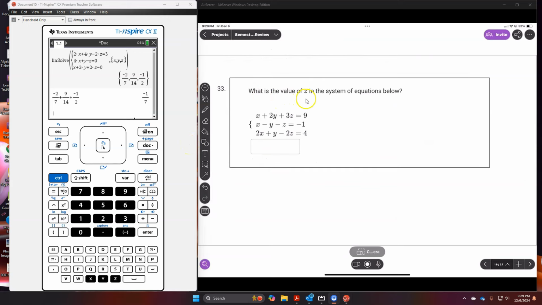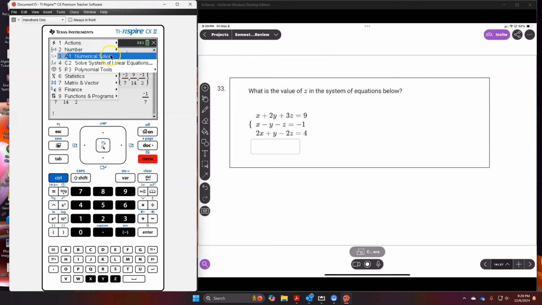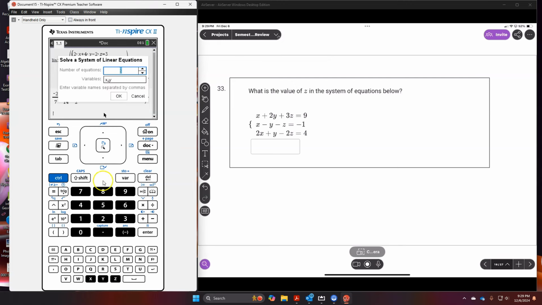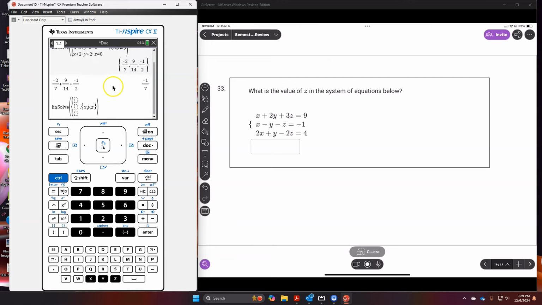What is the value of z in the system of the equations below? So you're going to go to menu, algebra, solve system of linear equations, type 3. Okay, so you're going to type in x plus 2y plus 3z equals 9. And then you have x minus y minus z equals negative 1.